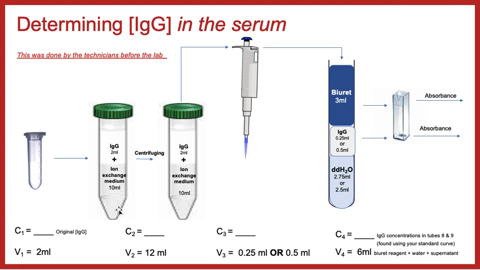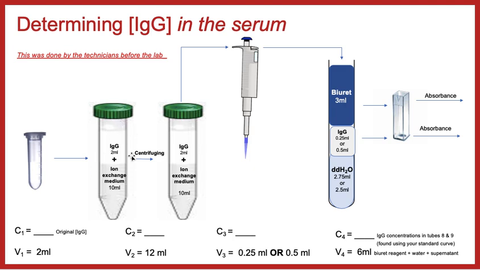I told you to keep mixing them up. So this contained 2 milliliters of IgG and ion exchange medium. Of course, going from this 2 mLs to this 12 milliliters will dilute your serum, right?